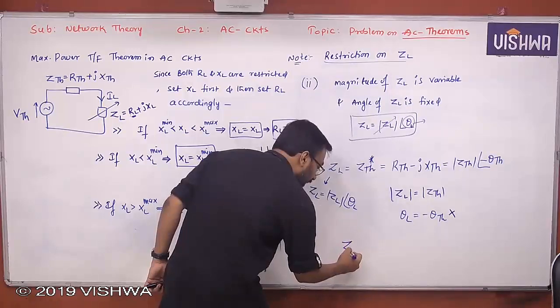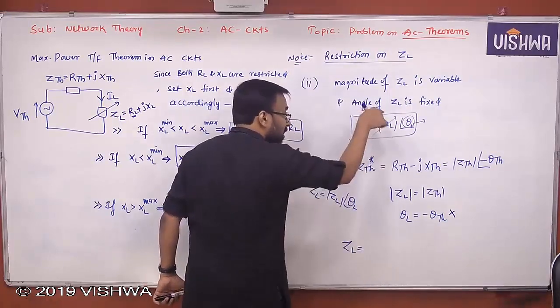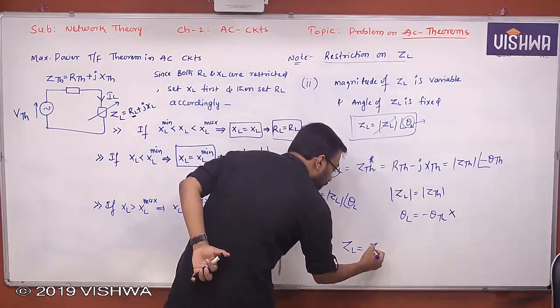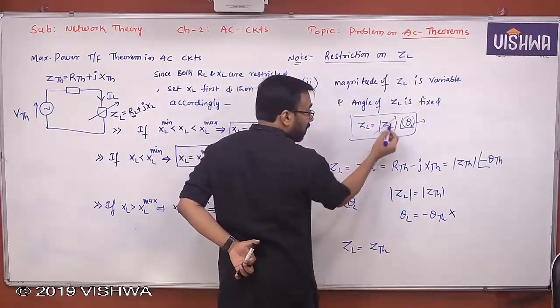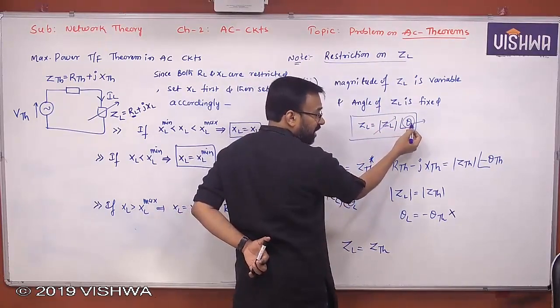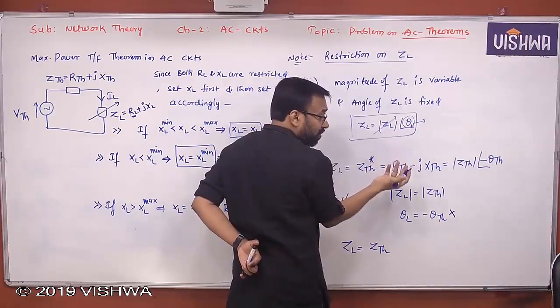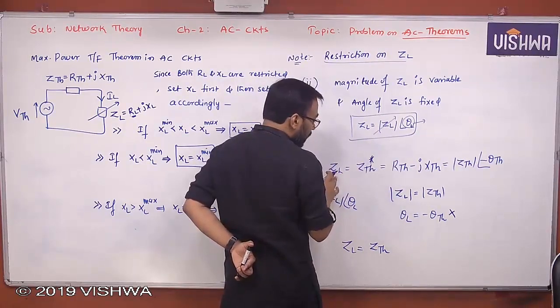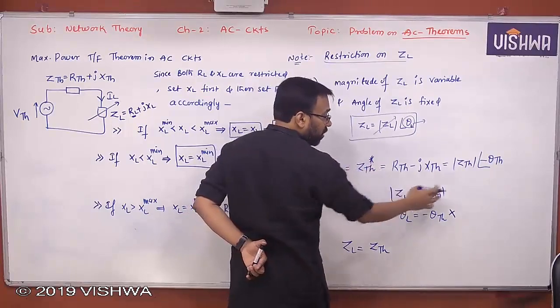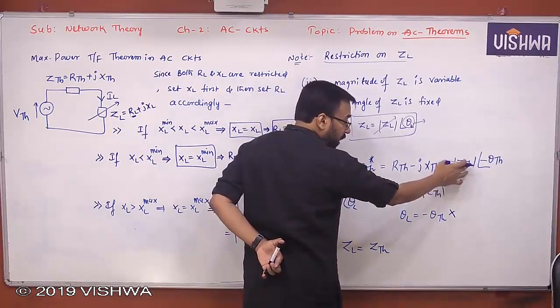Now the condition for maximum power transfer under this restriction will be as follows. ZTH is a fixed value, some 30 degrees, 40 degrees and so on. But the ZL value we do not know, and we need to find it under the condition that ZL is equal to ZTH conjugate, from which I find the ZTH magnitude.